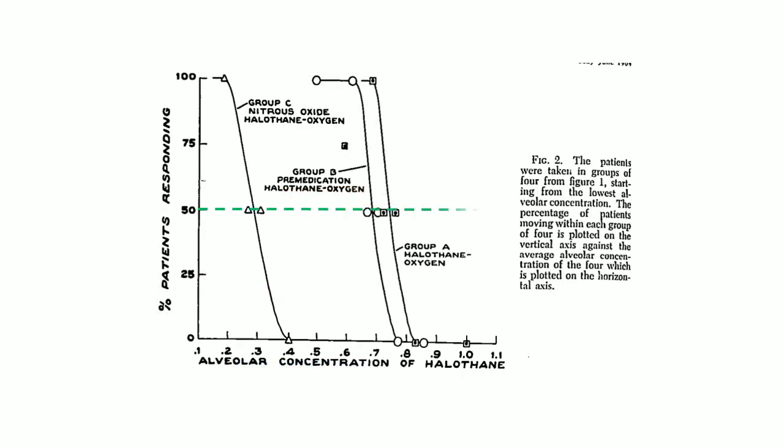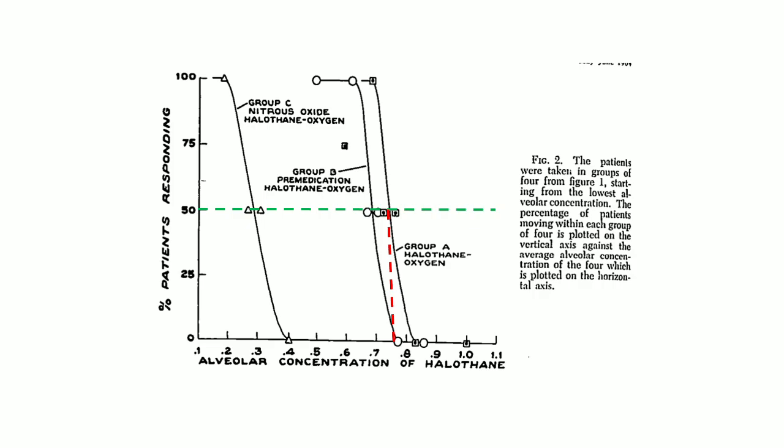Here is the 50% movement line. At this point, 50% moved and 50% of patients did not move. For Group A, that point was at end-tidal halothane of 0.74%, what we now know as the MAC.